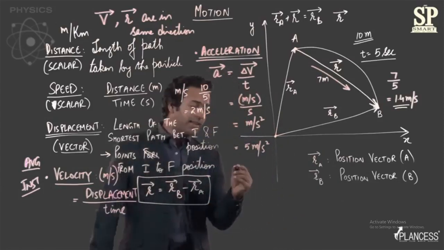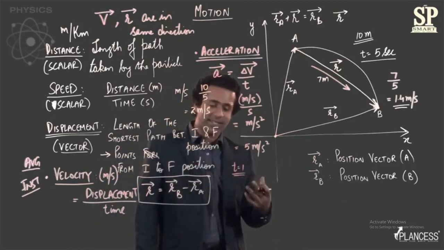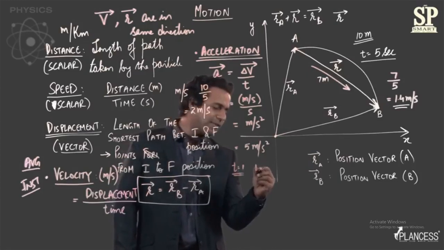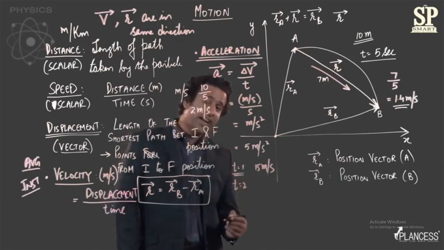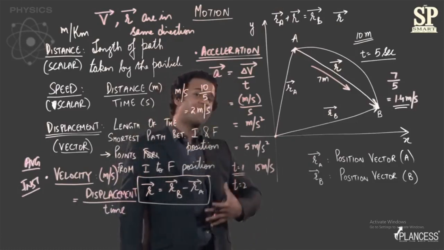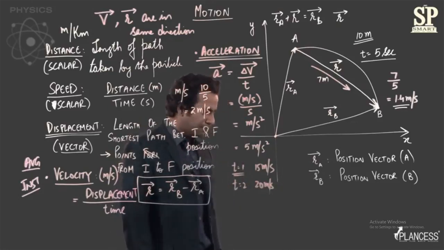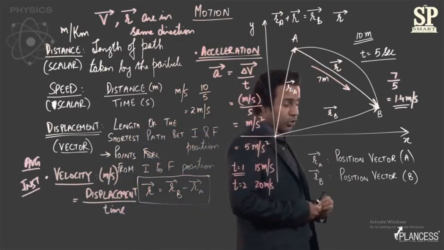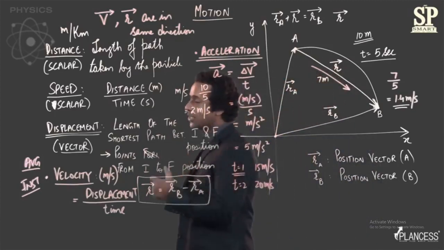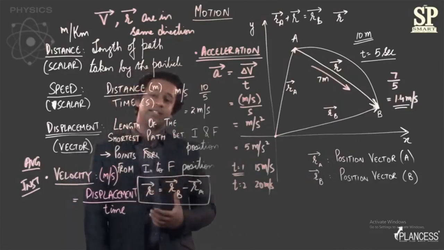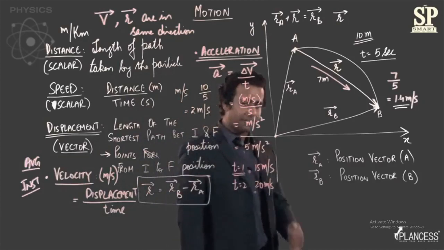So I could say that if t equal to 1, that is the instant when time is 1 second, if the speed was, let's say, 15 meter per second, then when the time is 2 seconds, its speed will change by 5 meter per second and would become 20 meter per second. Right. So this is what the significance of acceleration is. It tells you the amount by which speed, or rather velocity, changes in every second.